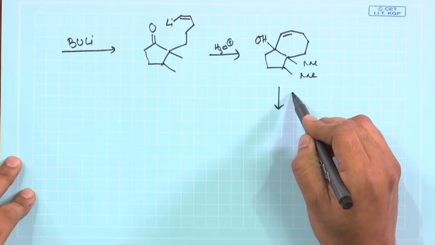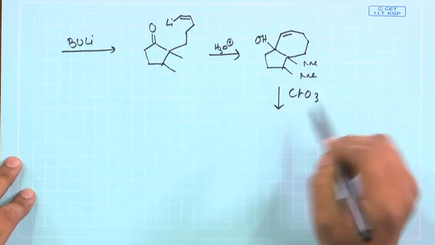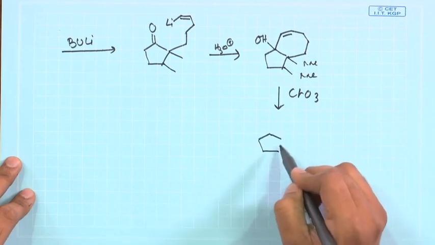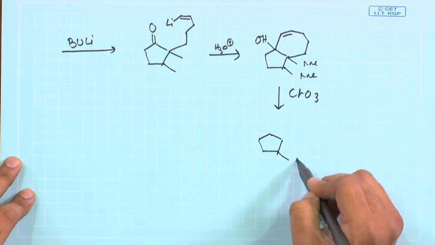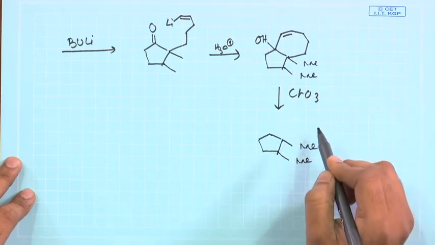Now, you subject it to this Babler oxidation. By following a similar kind of mechanism, this compound will give you the target molecule, whose structure is the same as what is desired by us.